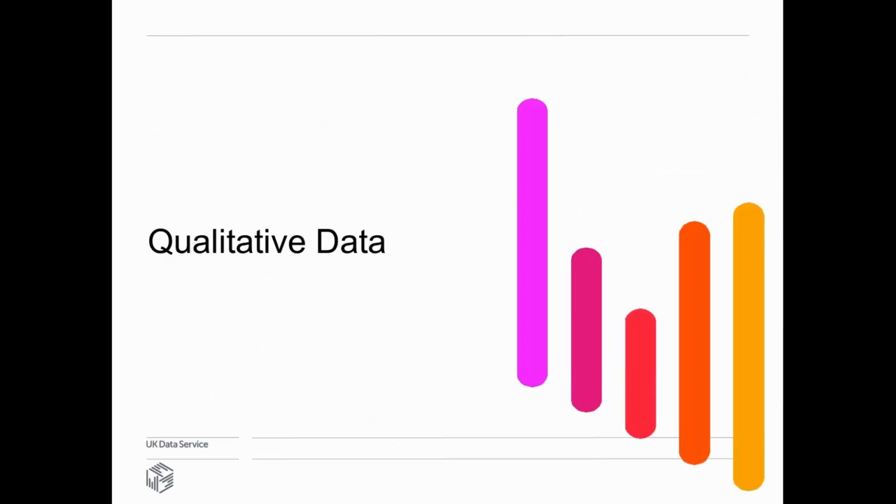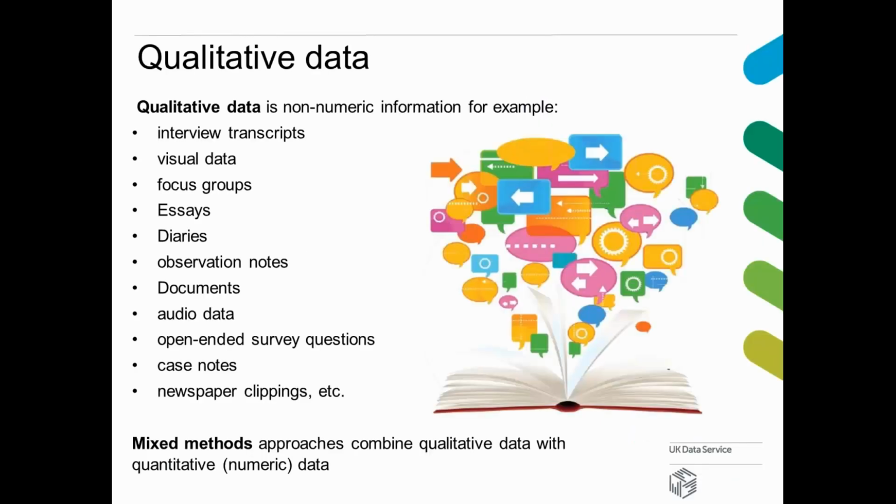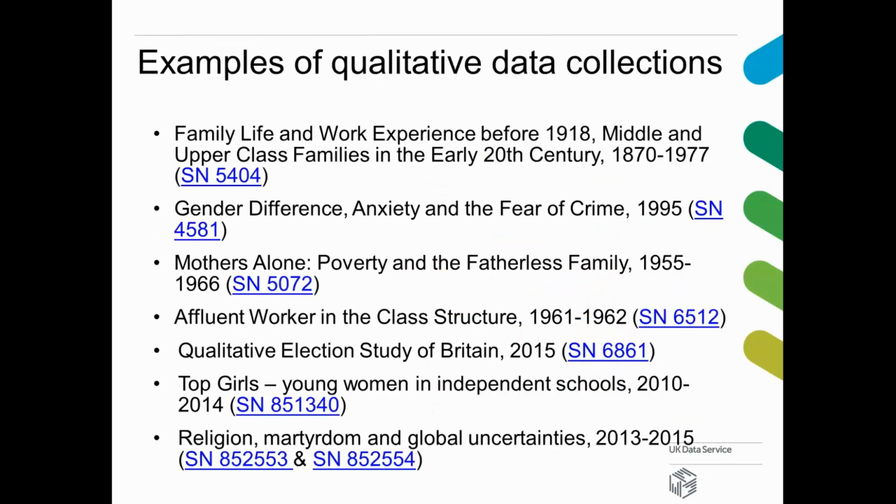Okay, so we focused on quantitative or numeric data so far. So I just want to finish this section by having a look at the qualitative data that we hold. Now, all of the data so far has been very statistical or numerical in nature, whereas qualitative data contains many different types of data, and much of that is non-numeric.